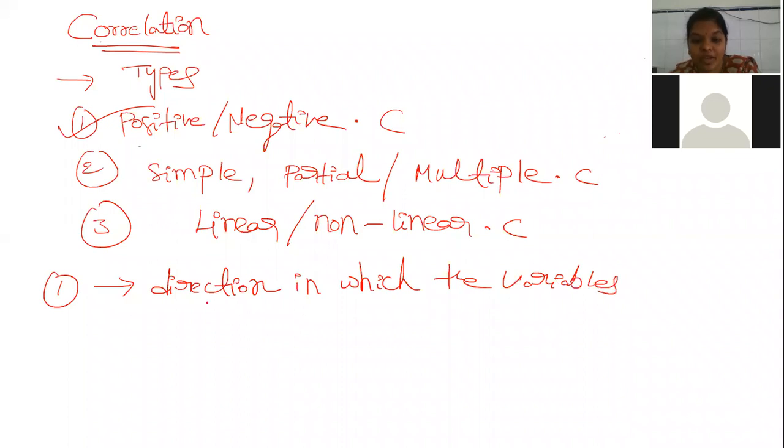Just write it down as a heading: positive or negative correlation. It depends upon the direction in which the variables are moving. It comes under either positive or negative correlation depending on whether the variables move in one direction or in opposite directions.